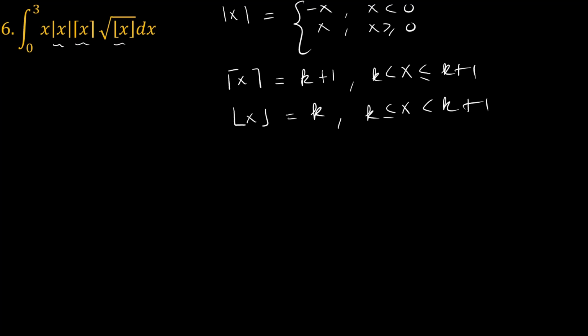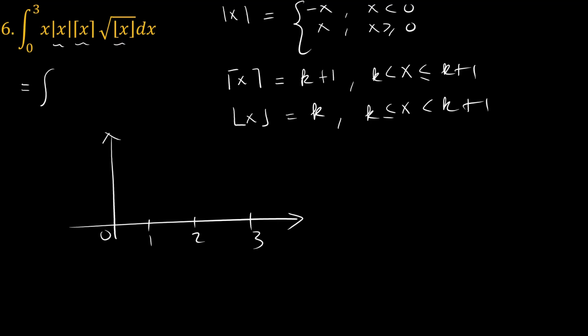So when we have our graph plotted from 0, 1, 2, and 3, since x is greater or equal to 0, the absolute value of x is going to be equal to x. So our problem here just becomes x squared times the ceiling of x times the square root of the floor of x.